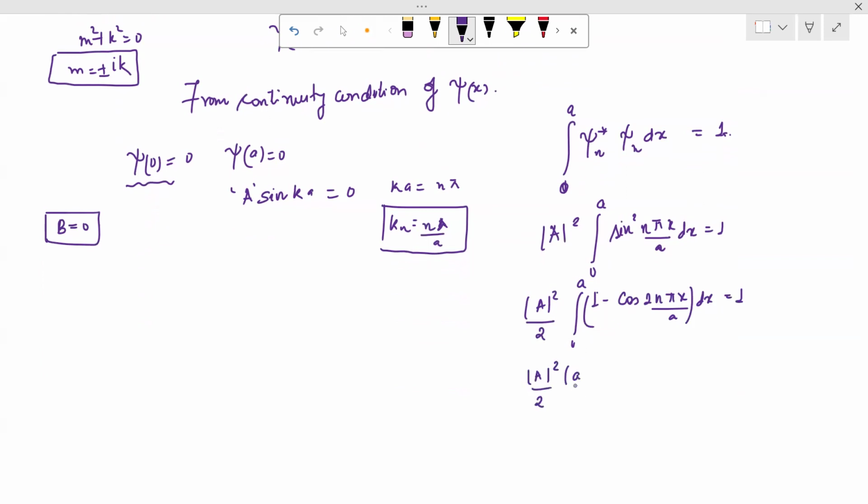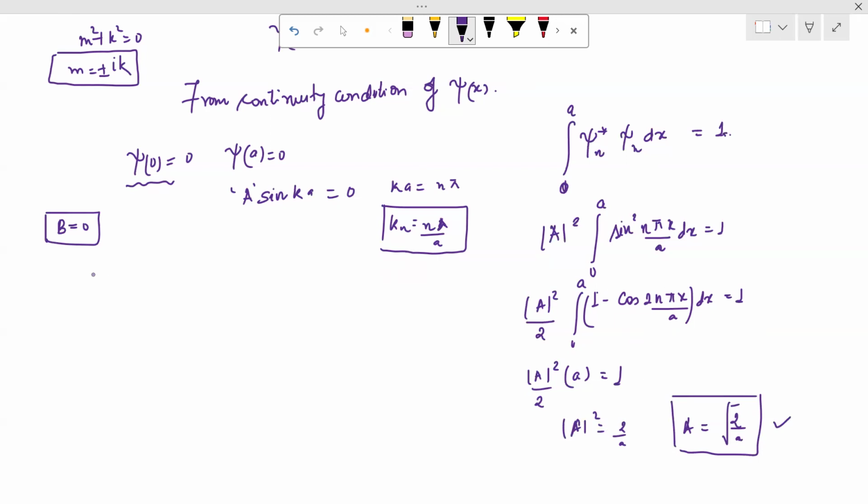This integration would be equal to simply a, and the other integration would be sine. If I place a here, this will be sin 2nπ, which is 0. If I place 0 here, sin 0 is 0. So nothing to worry about. So |A|² is equal to 2 upon a. So clearly this A would be equal to root over 2 upon a.